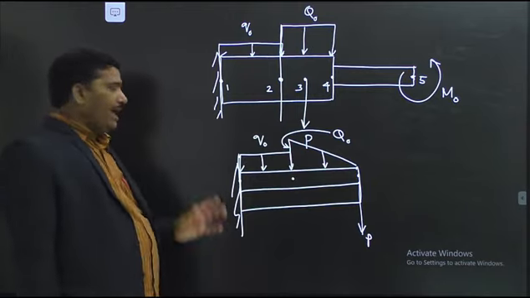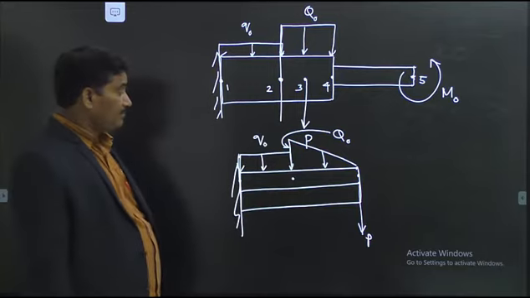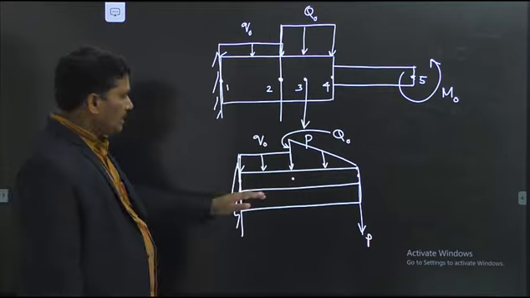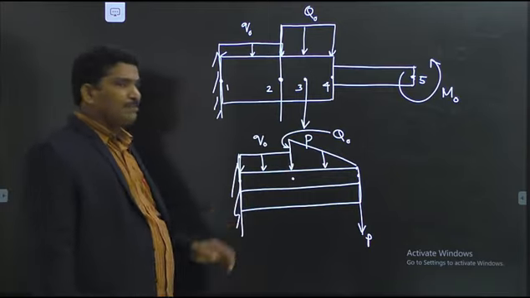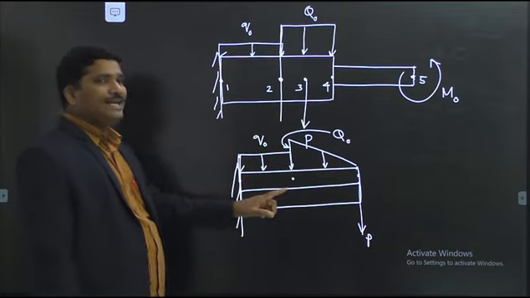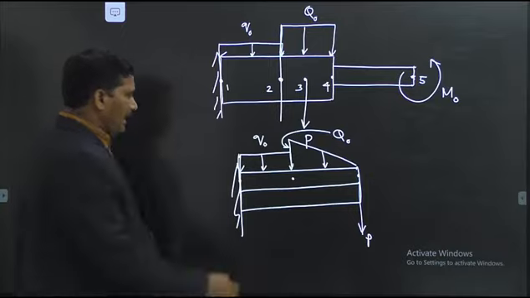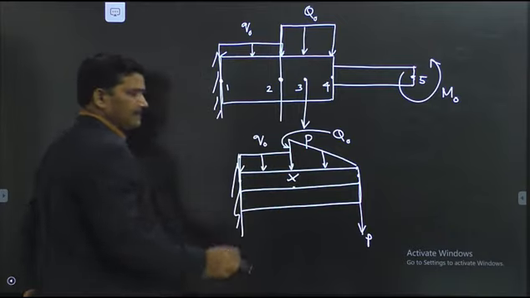Now, have I correctly located the nodes? That is the question. Because here, the plate is made of two integral parts. The materials are different. That is the reason why this is not the correct location. I can have a node here.